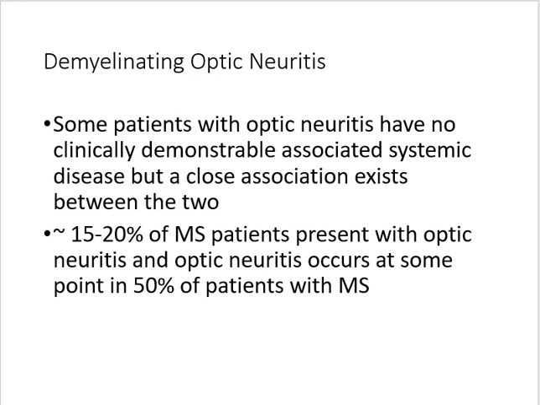You can also have demyelinating optic neuritis just as an isolated case, and often patients with optic neuritis don't have any other associated systemic disease. But about 15 to 20% of patients with multiple sclerosis will present with optic neuritis, and about half of all patients with MS will at some point develop optic neuritis.